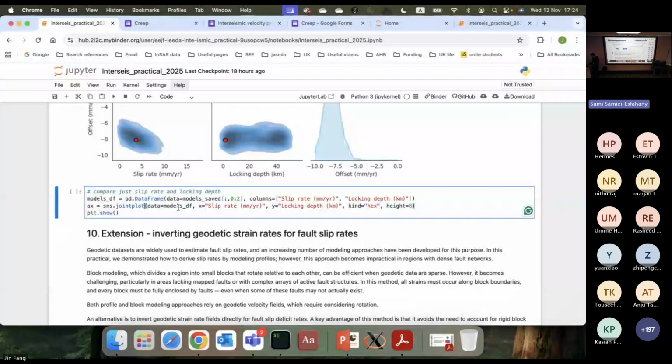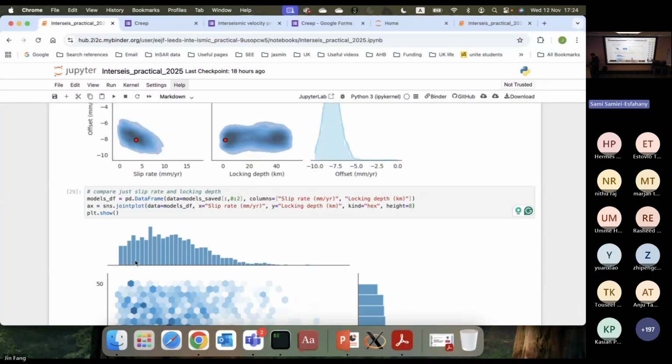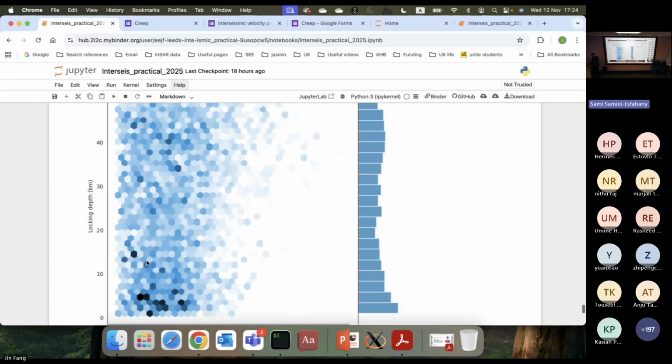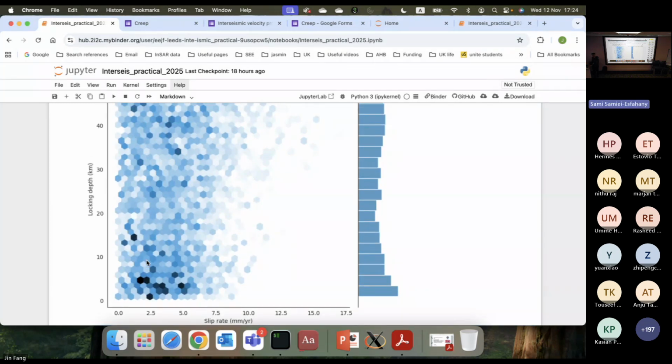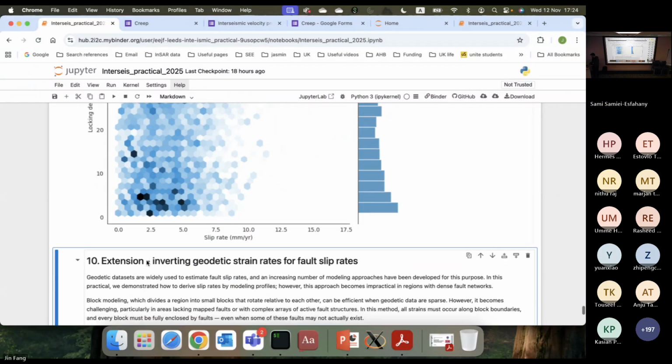We can also show just the correlation between slip rate and locking depth, where there is usually a trade-off between them. If we make slip rate higher, we also need a larger locking depth.